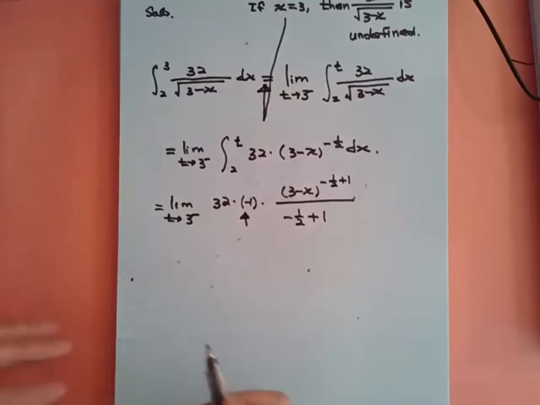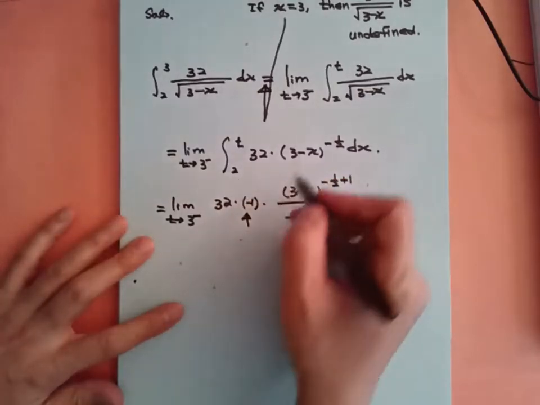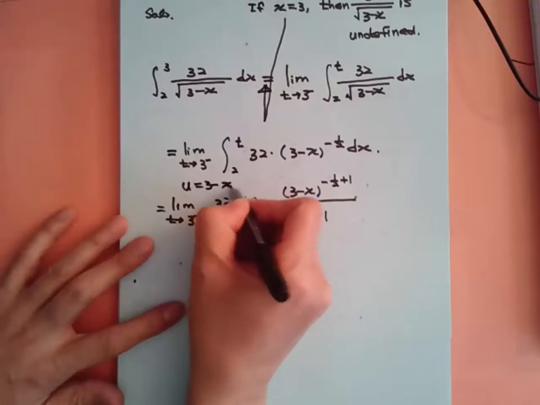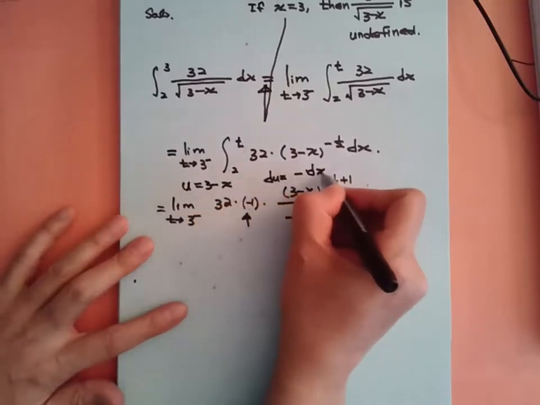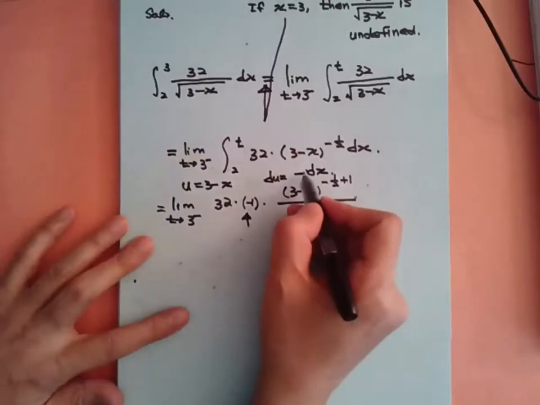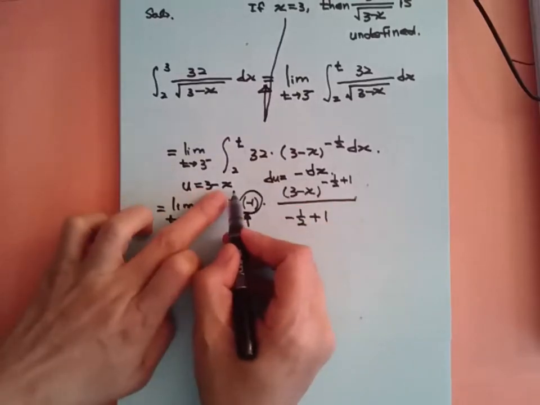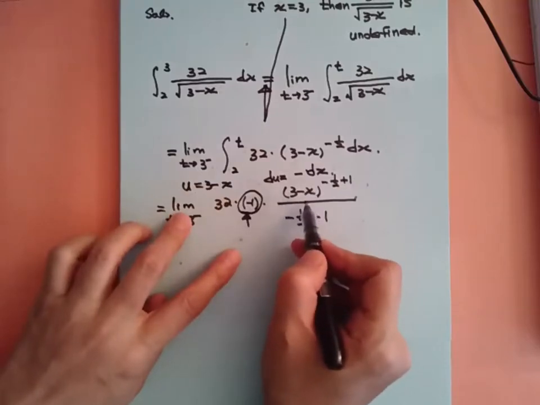I think probably it was better to do a straightforward method. So u equals 3 minus x, right? And so du equals minus dx, right? And so the minus 1 came from here. U was 3 minus x. So 3 minus x was written here.